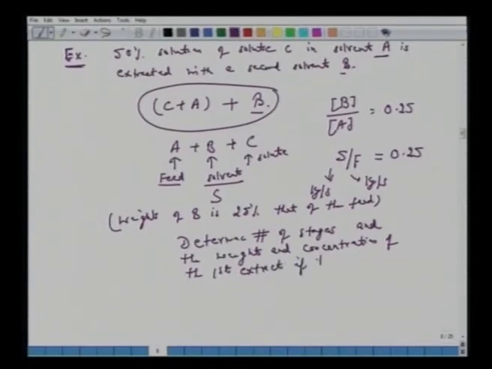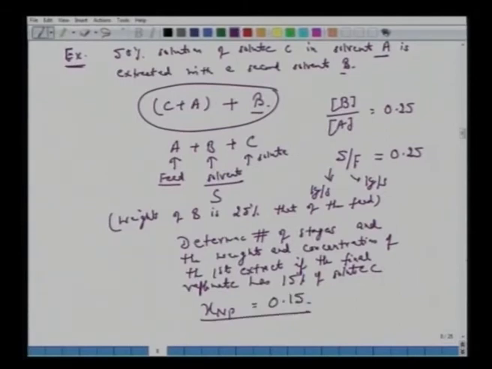Alright, here notice that the amount of solvent S is not given, nor the amount of feed, but the ratio is given. All it means is, if you choose the feed as 1 kg per hour as a basis, S is 0.25 kg per hour. So the solvent amount is already given to us.